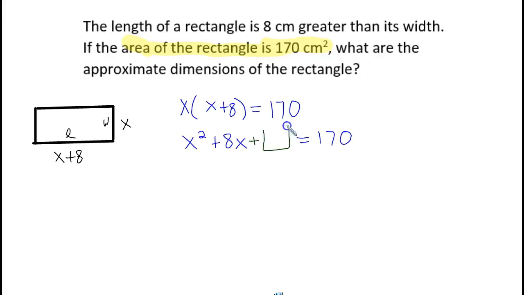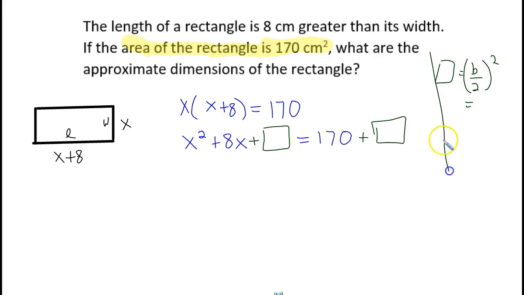We're going to add some unknown thing to both sides, but we know how to find that unknown thing, right? We find it by b over 2 squared. So that unknown thing here is going to be 8 over 2 squared, which is 4 squared, which is 16. So I'm going to add 16 to both sides of the equal sign.